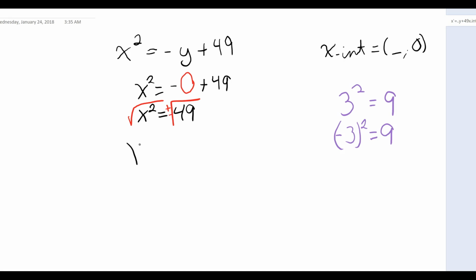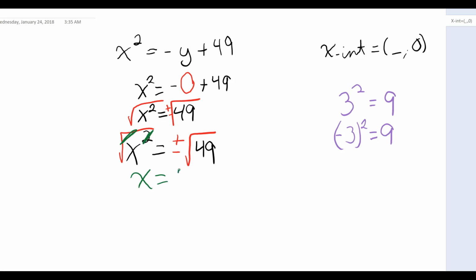So that means I have x squared, and I'm going to take the square root of that, is equal to plus or minus the square root of 49. So on this side, the square cancels with the square root, leaving me strictly with an x.